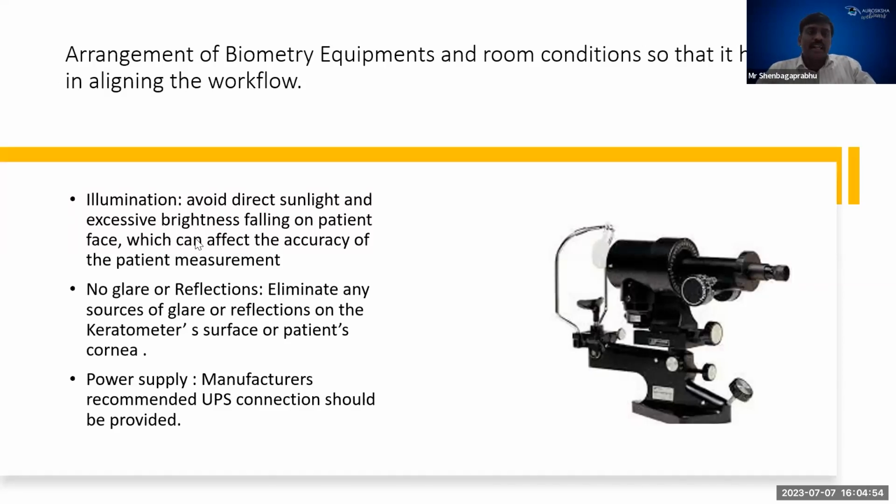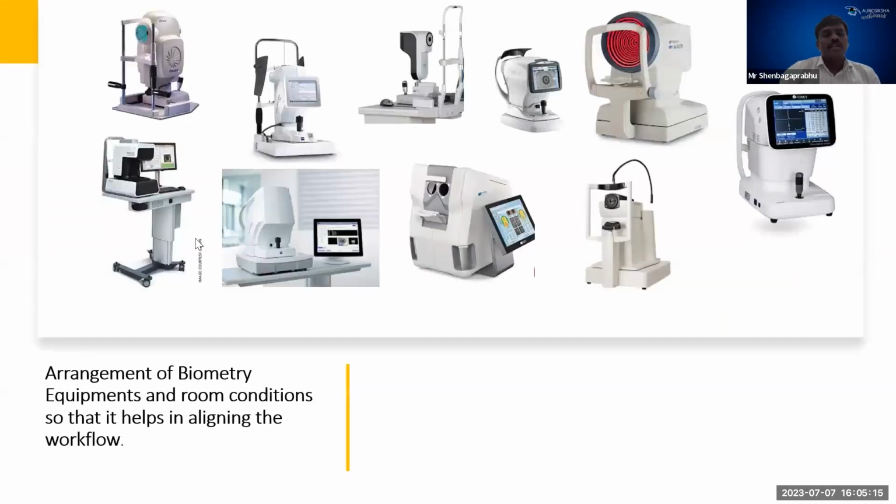It should avoid direct sunlight or excessive brightness falling on the patient's face, on the keratometer, or on the optician or technician who is going to do the test. Coming to power supply, across all biometry equipment, we should provide a UPS connection as recommended by the manufacturers. Then comes the arrangement of biometry equipment.